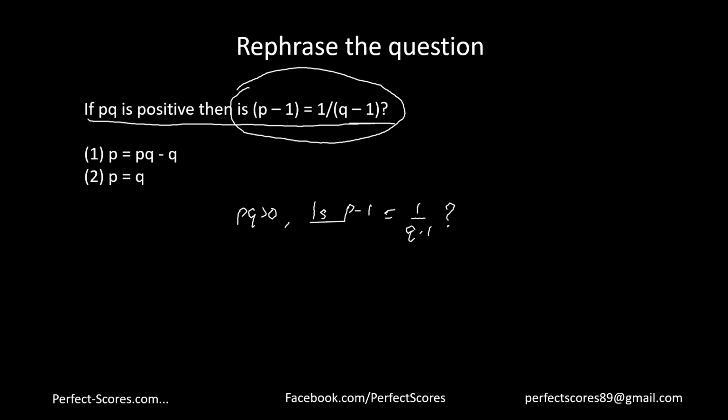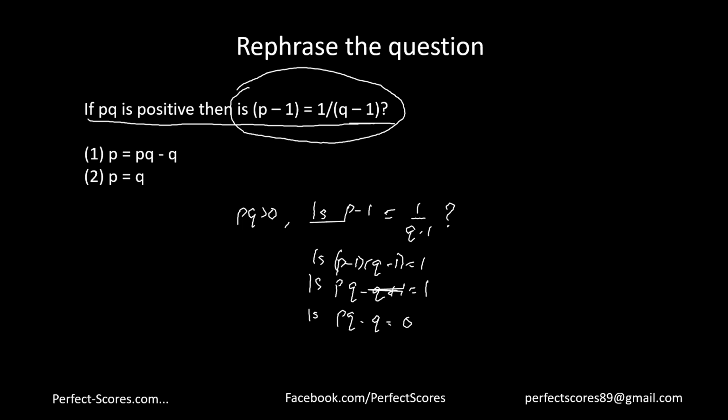So basically the question is asking me, is P minus 1 into Q minus 1 equal to 1? And then the question is asking me, is PQ minus Q plus 1 equal to 1? And then, is PQ minus Q equal to 0?